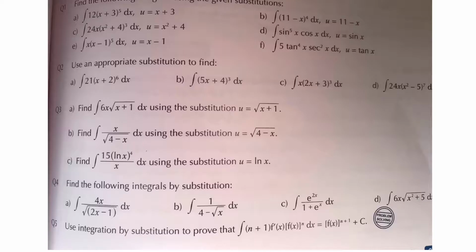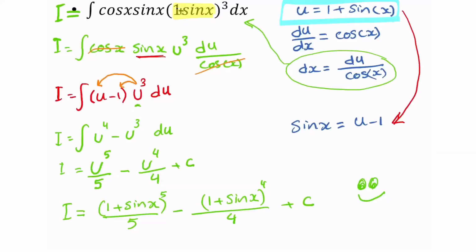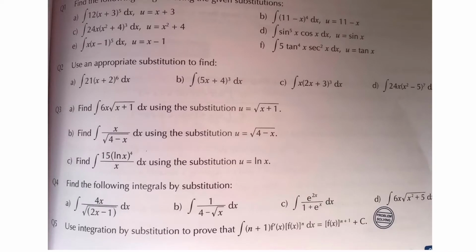Right. So now I want to work out one of the questions for you. I'm going to do question 4C. Okay, 4C, this one. Right, so I'll just write it down here. So question 4C.